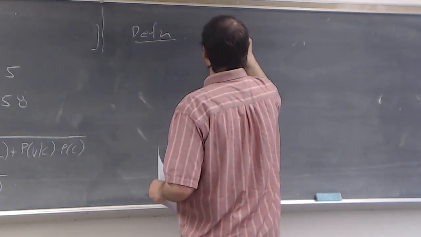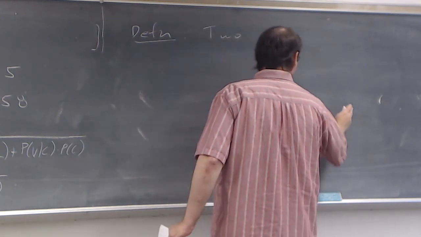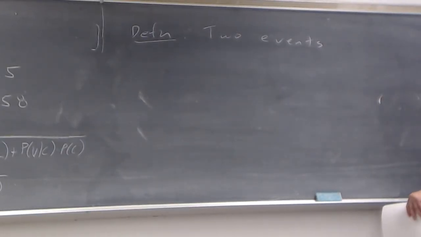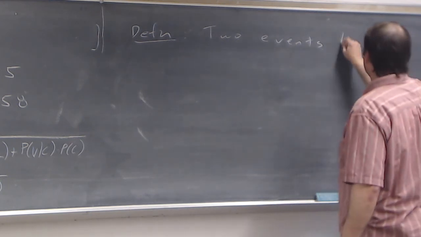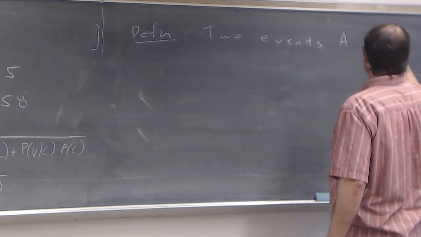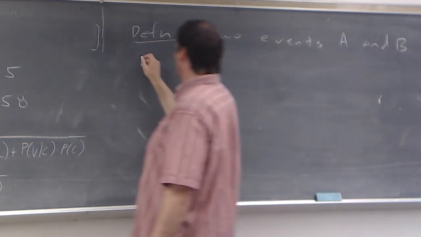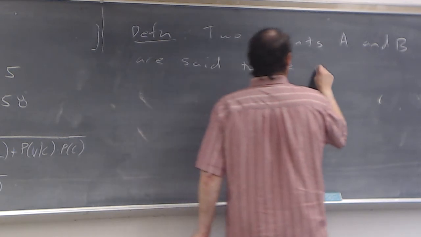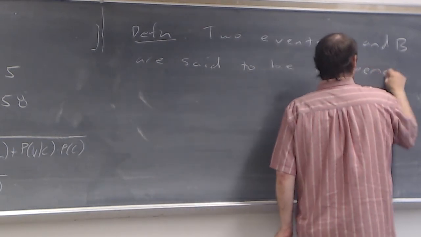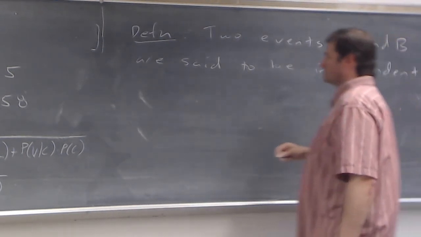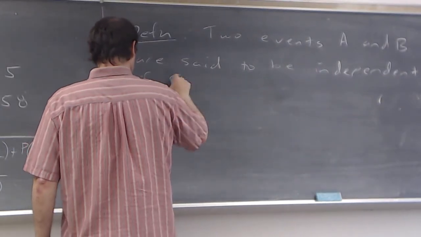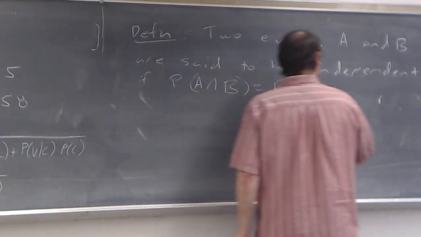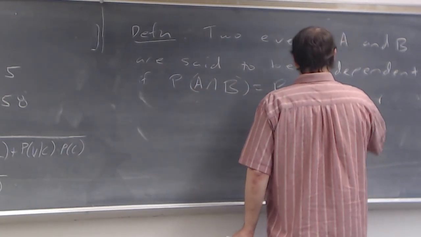Two events A and B are said to be independent if the probability of A intersect B is equal to the probability of A times the probability of B.